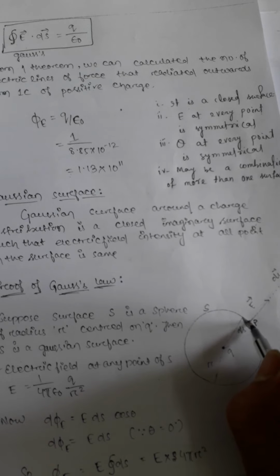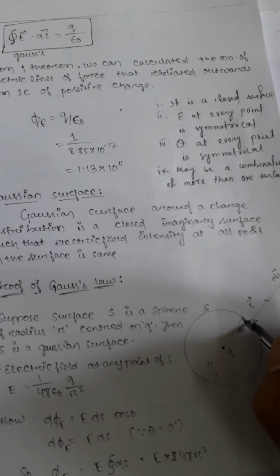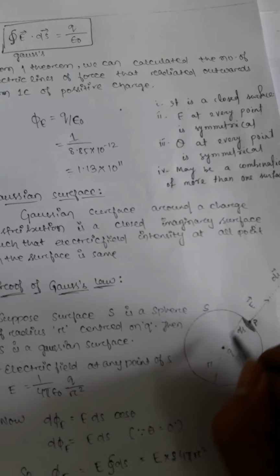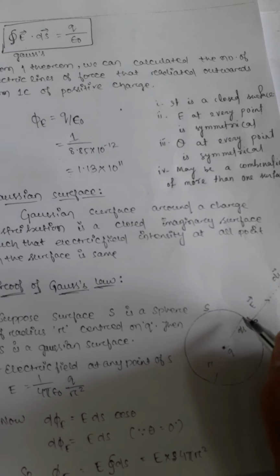Since this is a Gaussian surface, at each point electric field is same, and here this is the area vector.